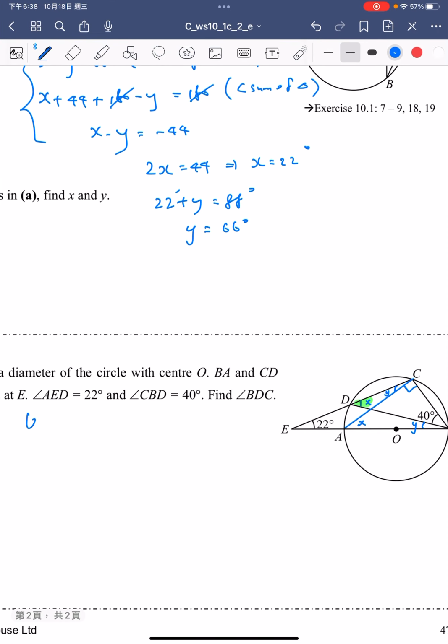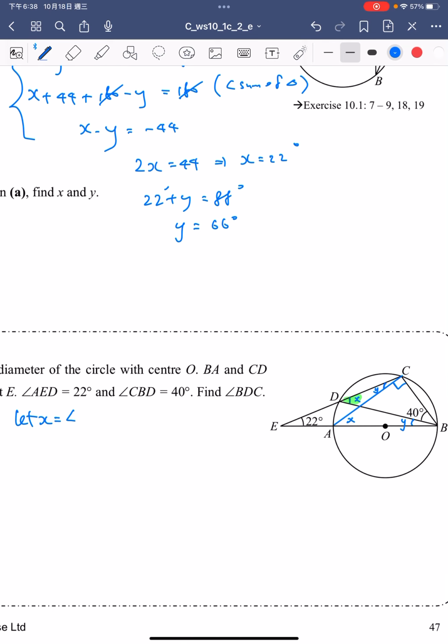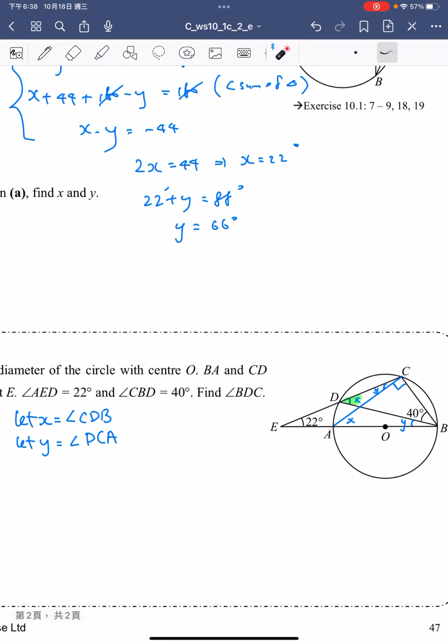We need to let x be equal to the angle of CDB, and we let y be equal to the angle of DCA. So again, angle x is the angle of CDB, and the angle y is the angle of DCA.